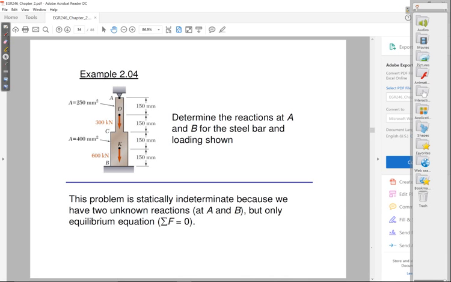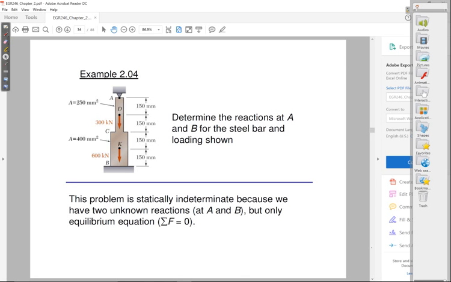The first statically determinate problem is basically looking at the applied forces. If I want to look at just what the applied forces want to do to this structure, I have to allow this structure to deform freely.